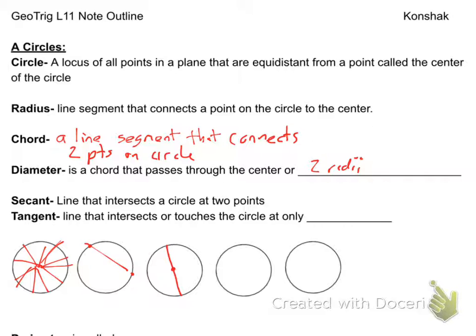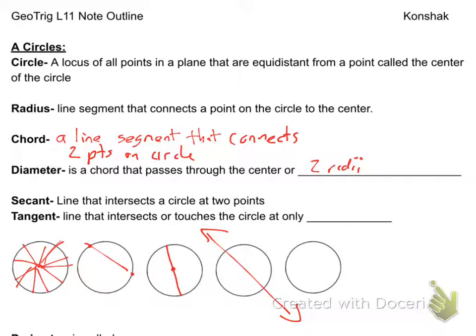So a line segment starts and stops. A chord connects. A chord, guys, starts on the circle and stops on the circle somewhere else. A secant will actually start outside the circle, finish outside. So technically, I guess it could be a line segment in itself, but it would have to extend past the circle. That is a secant.